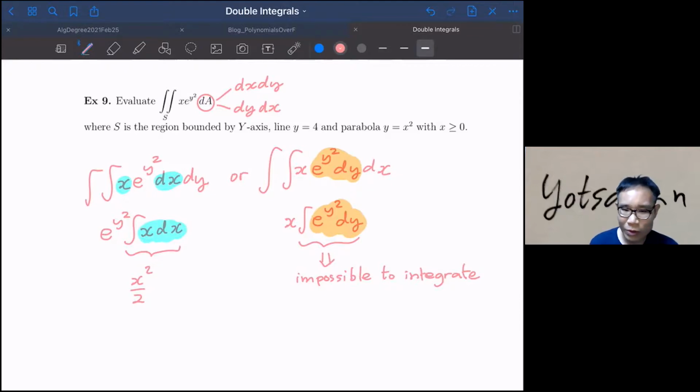However, for this one, we are not able to integrate the function. What we learn this semester is that we can use the Taylor series to give an approximation for the definite integral that we may like to find. So we cannot use dy dx.